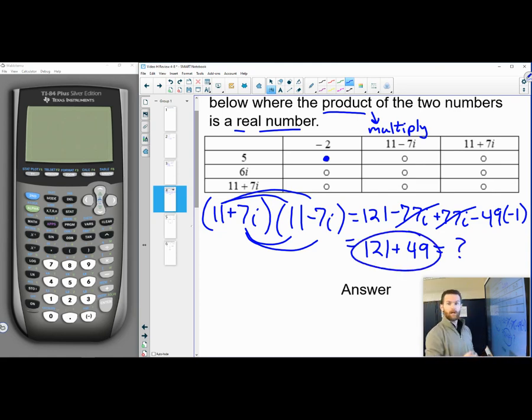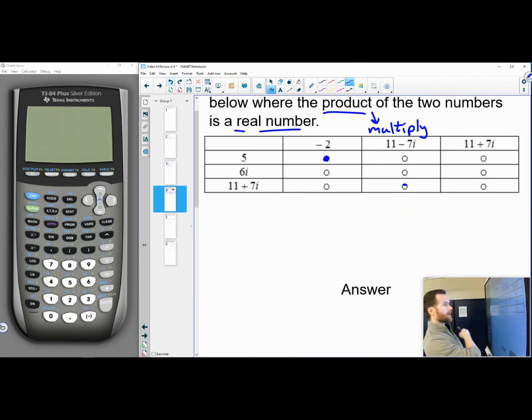And at this point, there's no more i's. That means that will be a real number. That was the 11 plus 7i and the 11 minus 7i. And actually, now that we look at it, some of you might have been able to predict that was a real number right off the bat, because what we have here are complex conjugates, two complex numbers where only one sign is different.